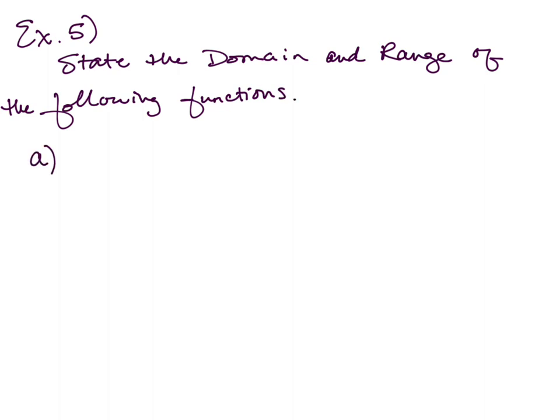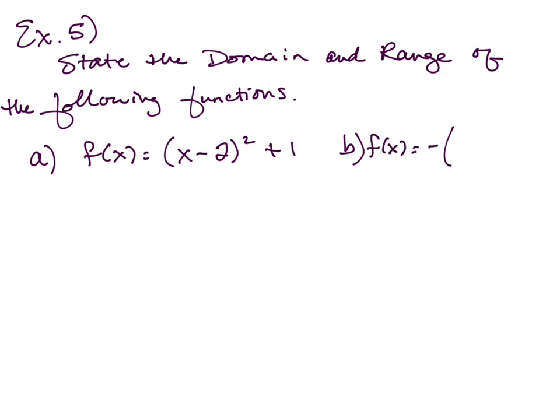Function A is going to be f of x equals (x minus 2) squared plus 1. And function B is going to be f of x equals negative (x plus 3) squared plus 4. Okay, so two separate functions, two separate parabolas, and we're going to have domain and range for these two functions.